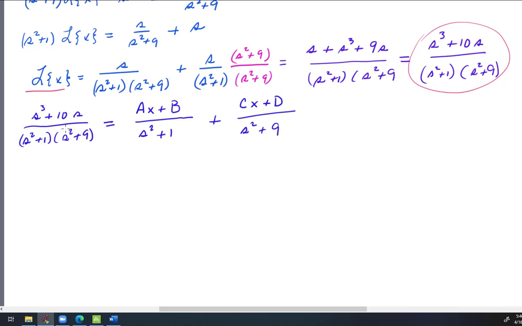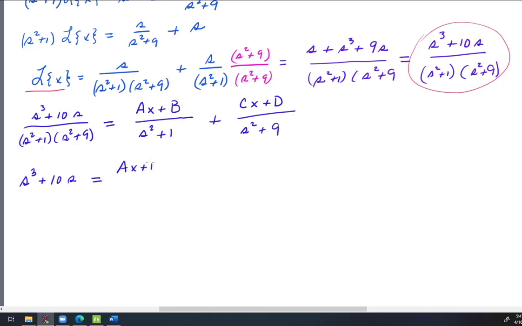And if I multiply both left and right hand sides by the denominator here, s squared plus 1, s squared plus 9, I get a much simpler appearing expression. s cubed plus 10s is equal to, now I'm going to multiply by this product, and you see the s squared plus 1 is going to cancel out.